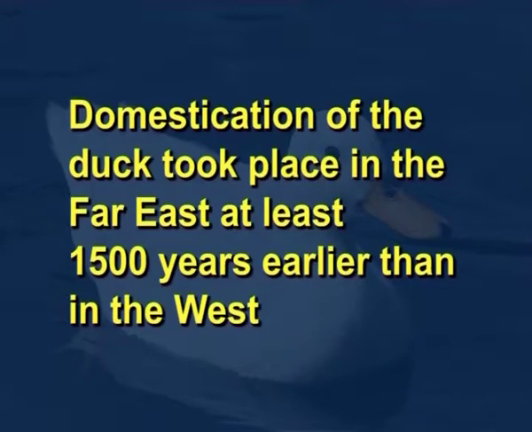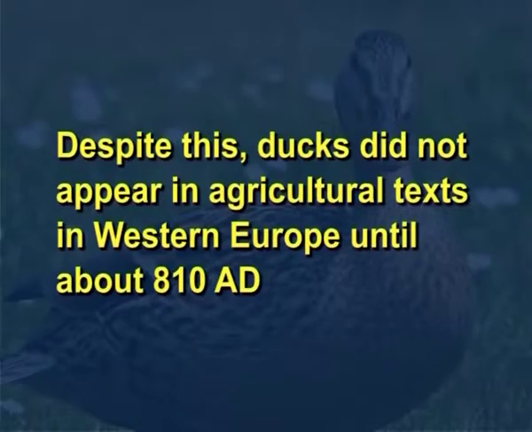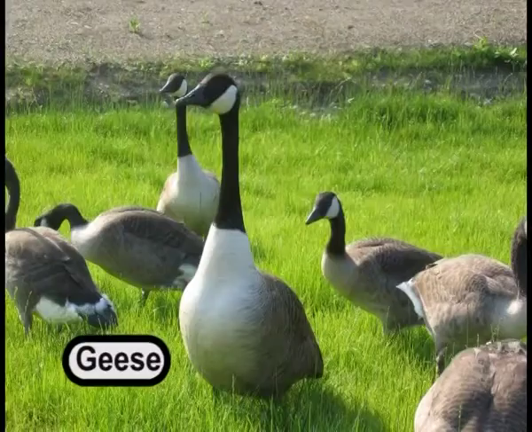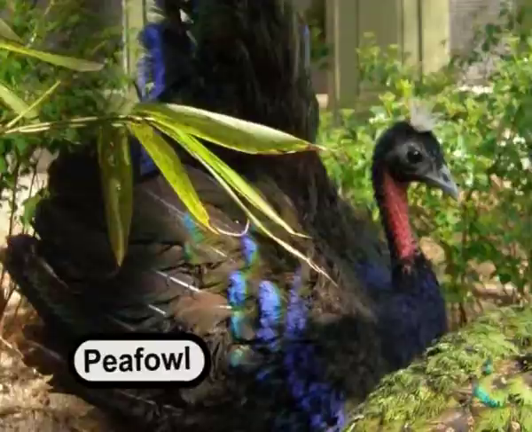Domestication of the duck took place in the Far East at least 1,500 years earlier than in the West. Despite this, ducks did not appear in agricultural texts in Western Europe until about 810 AD, when they began to be mentioned alongside geese, chickens, and peafowl as being used for rental payments made by tenants to landowners.